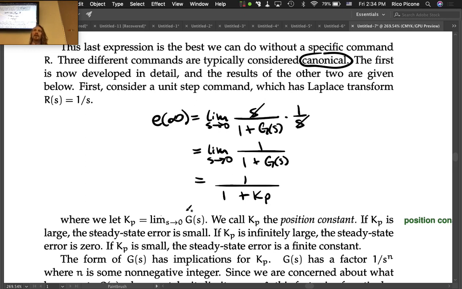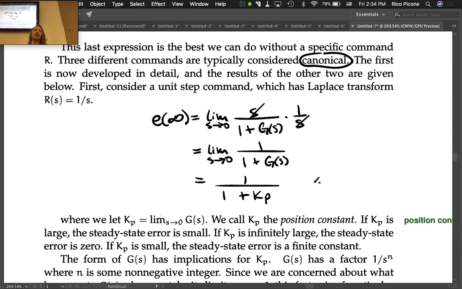We'll talk about the naming. I'm not a huge fan of the naming, but it's used. So position constant kp. If kp is large, the steady state error will be small, right? So if kp is like 10 million, then 1 over 10 million and 1 is a small number.